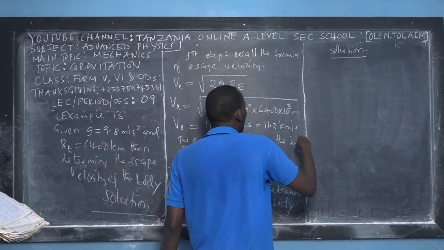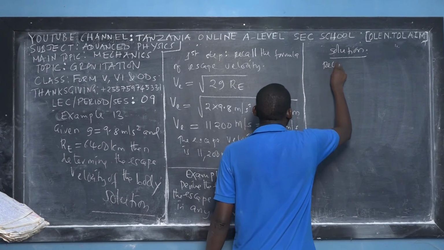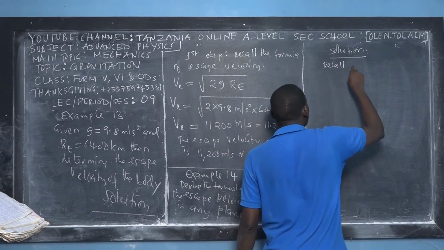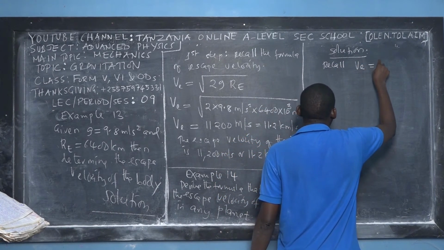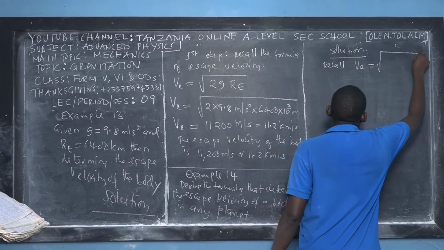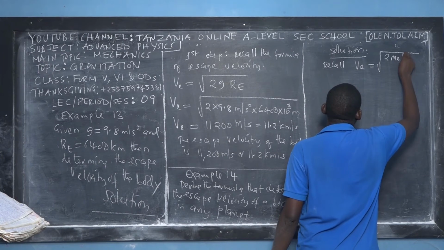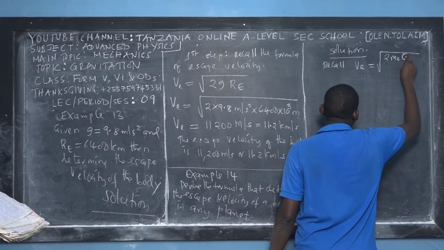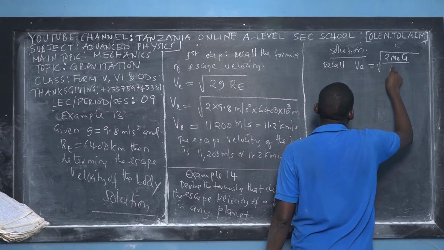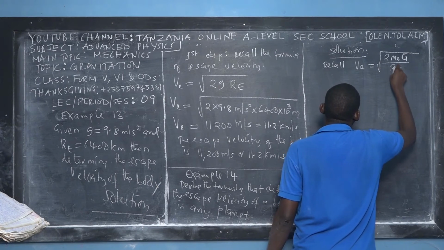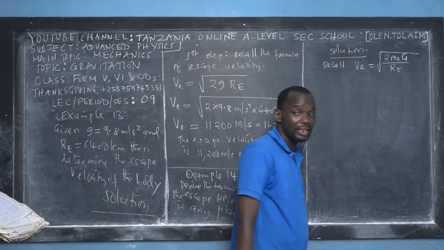We may recall the formula for the escape velocity on the Earth's surface. We say that this is twice the mass of the Earth times the universal gravitational constant G over the radius of the Earth. You remember that?